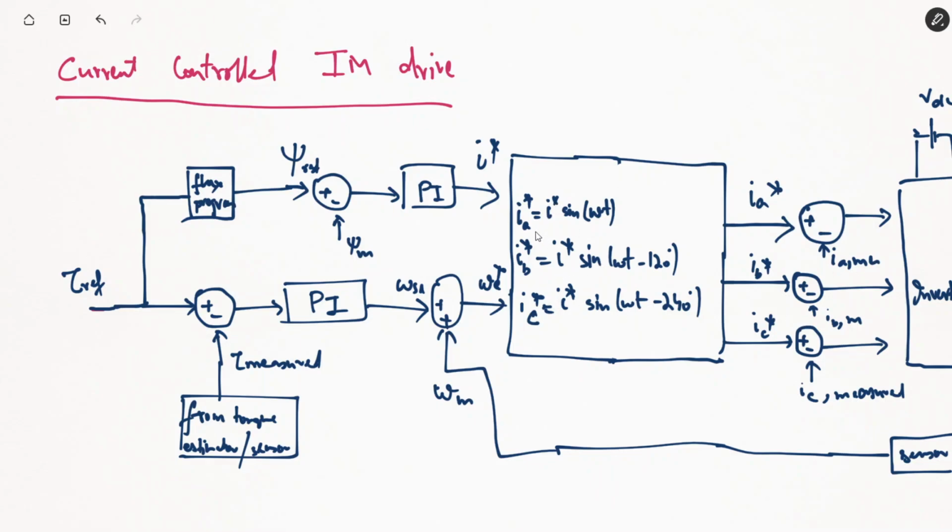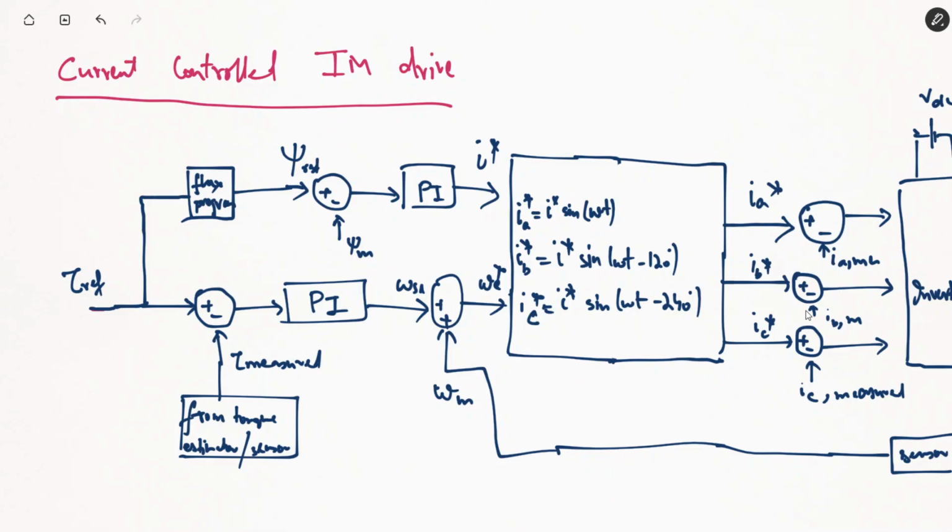So we are getting reference values of IA, IB, and IC, the three phase currents. We are now comparing the reference values with their measured values of IA, IB, and IC. Using a current sensor, we can measure the values of IA, IB, and IC, and compare them with reference values.